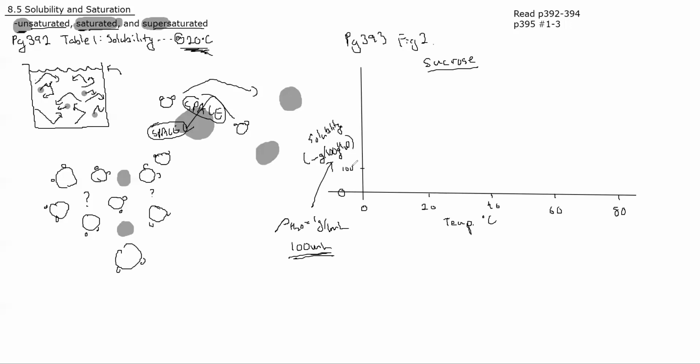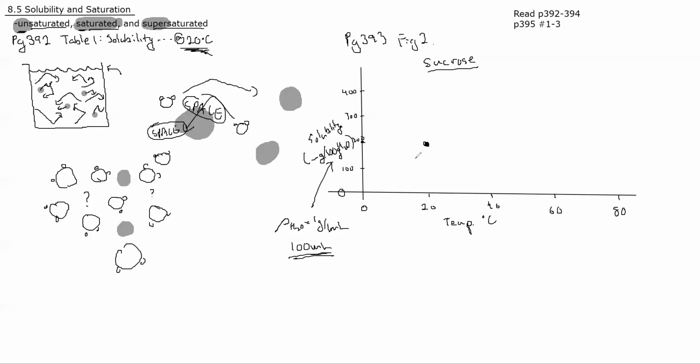Anyways. And then we have 100, we have 200, we have 300, and we have 400, and of course it goes so on and so forth. Okay. At approximately 20 degrees Celsius, the solubility of sugar is 200 grams per 100 milliliters of water.